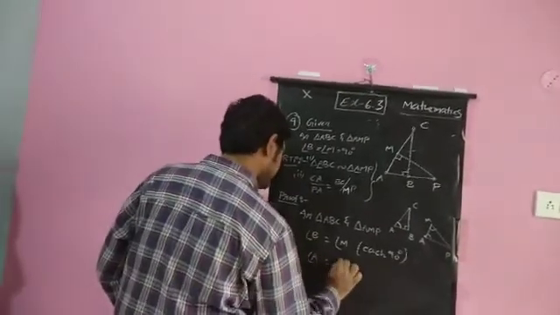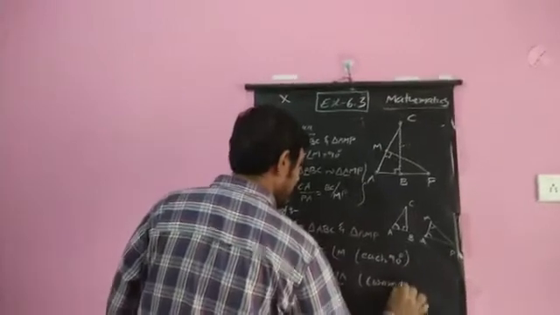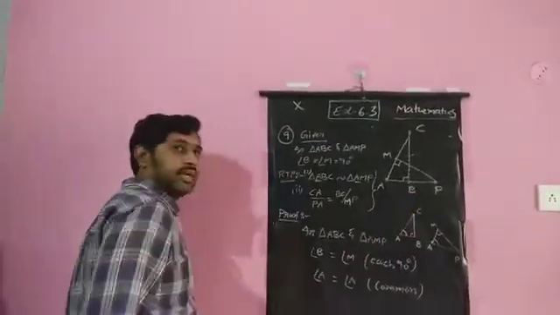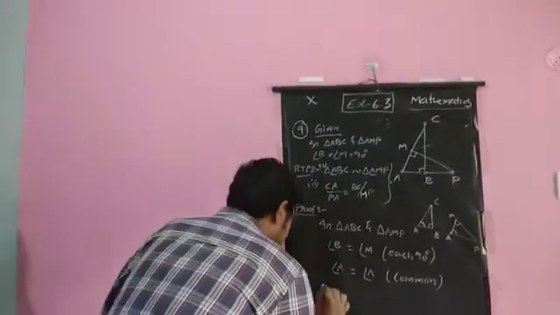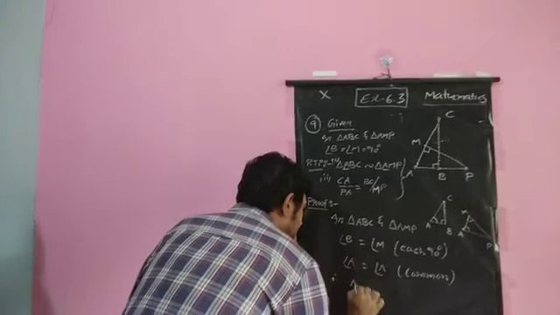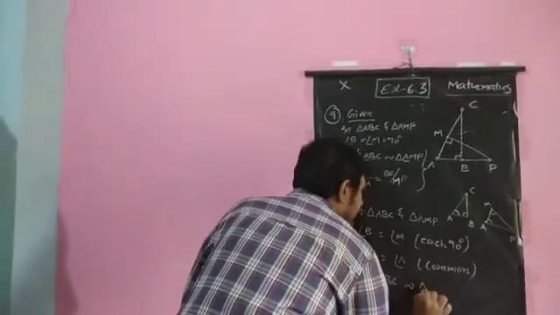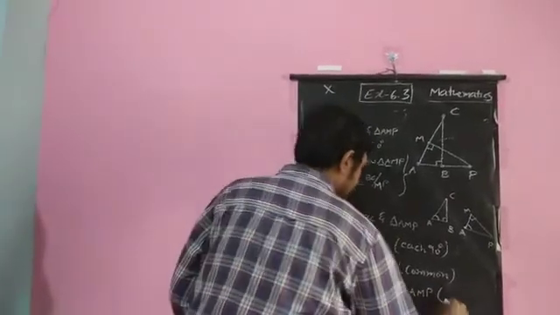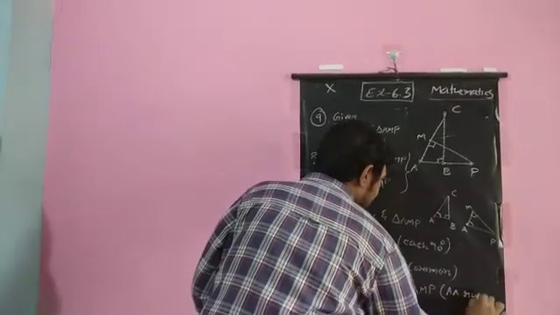And angle A equals angle A, that is the common angle. So two angles of this triangle are equal to two angles of this triangle. So I can apply the angle similarity rule, and I can see that therefore triangle ABC is similar to triangle AMP by the angle similarity rule.